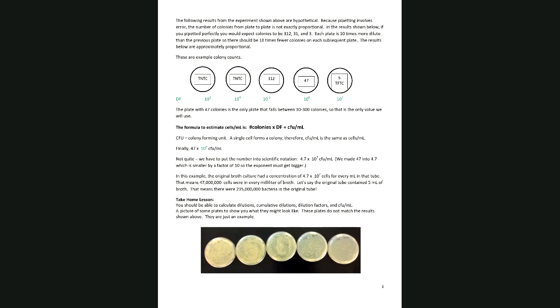And this plate should be between 4 and 5, right? This would be 4,700. So way, way too many cells, but you should be able to make estimates, based on at least one of these numbers, as to what you should get.